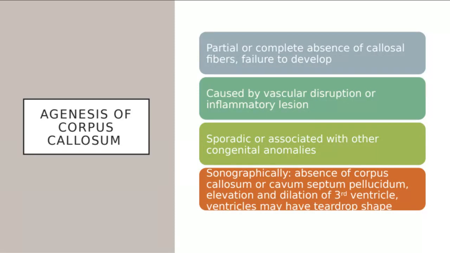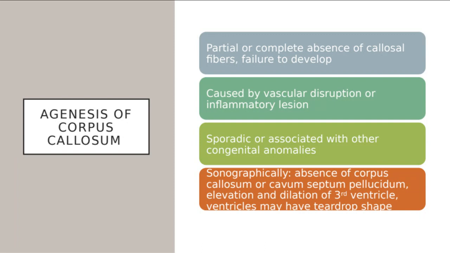This is usually going to be caused by, again, some sort of infection into the baby, inflammation into the baby. So we have an abnormality with their vascular supply, and for some reason that corpus callosum just did not develop or did not fully develop to communicate between the two cerebral hemispheres. So on ultrasound, we are just not going to see that band of tissue crossing between the two cerebral hemispheres.